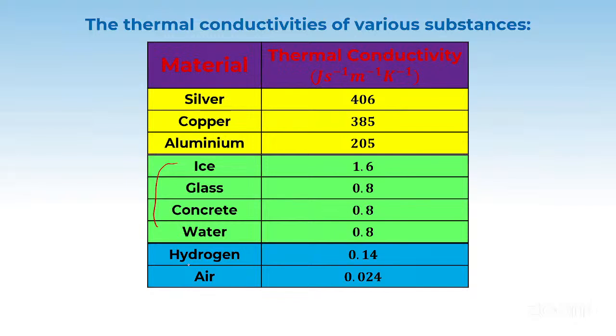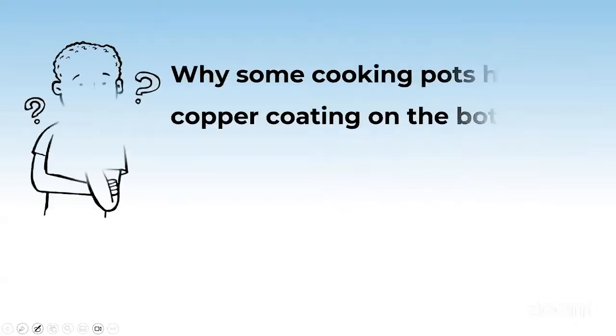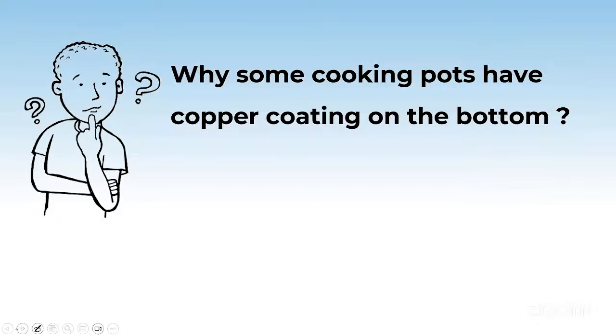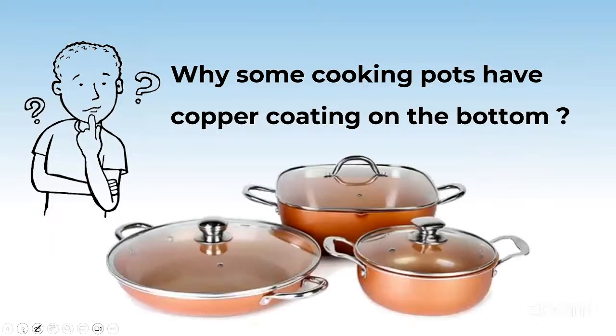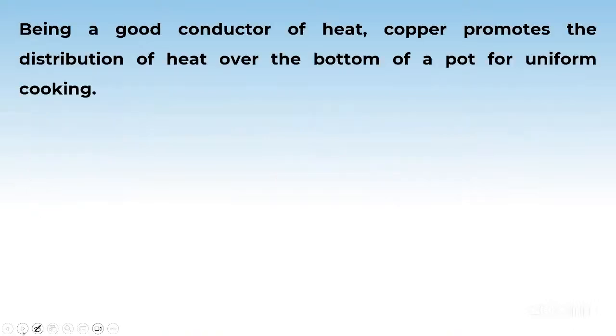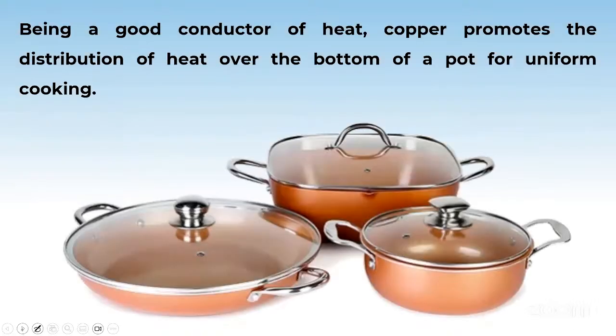And hydrogen and air, these are the gases, इनको तो negligible consider कर सकते हैं. जैसे मेटल, नॉन मेटल्स एंड गैसेस. अब आप ये क्वेश्चन का आंसर इजीली दे सकते हो. Why some cooking pots have copper coating on the bottom? So that copper can absorb maximum heat and heat can be evenly distributed. ठीक है ना, for cooking.